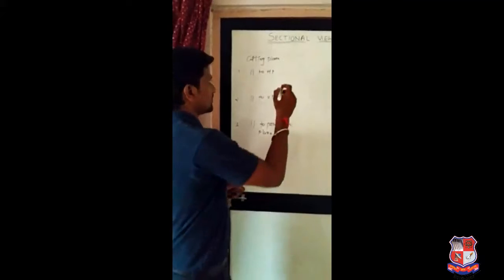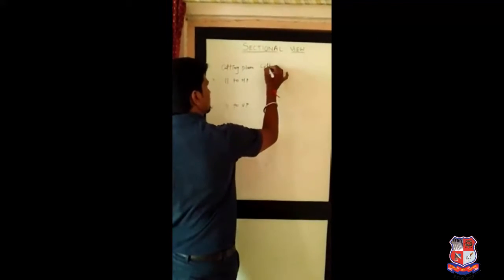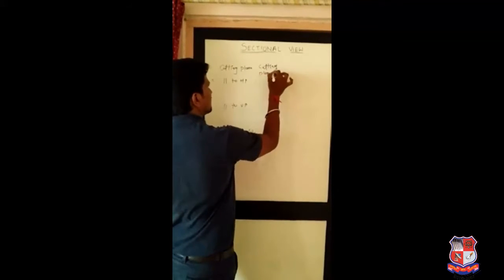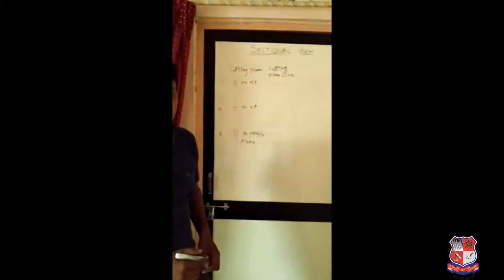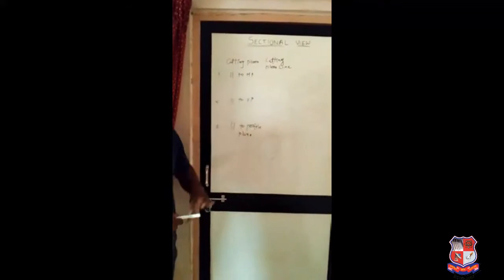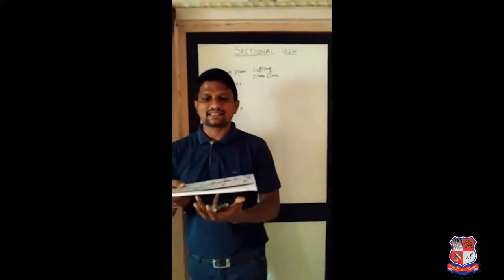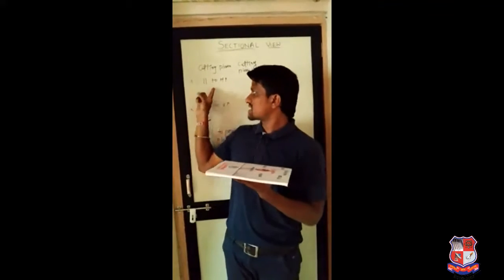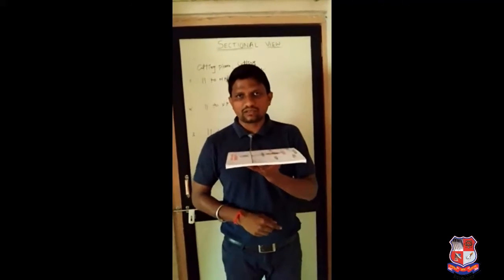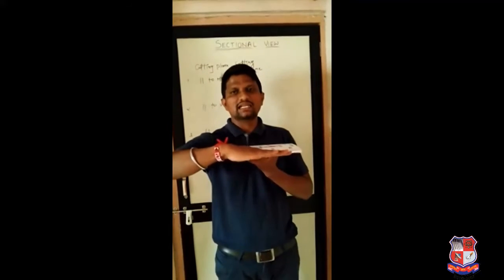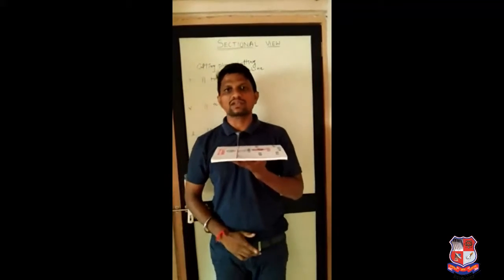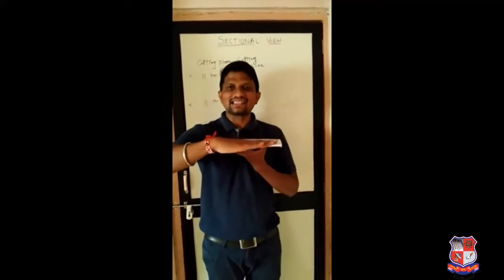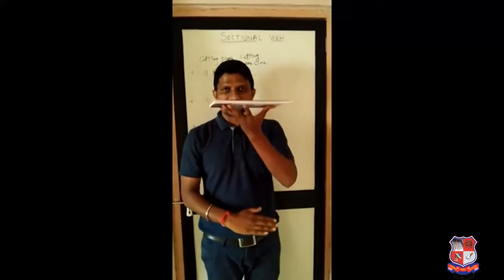Now, in the exam, only the cutting plane line is given to you on the object. So in this case, let us consider that this is the object and my hand is your cutting plane. First case, the object is going to be cut by a cutting plane parallel to the horizontal plane. This floor is the horizontal plane, so we can consider this cutting plane as parallel to the horizontal plane. This is my object.